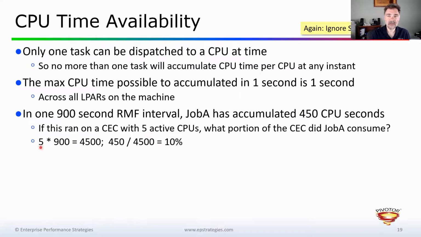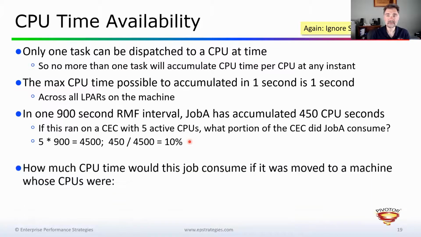Well, if there were 5 CPs on the machine, 5 times 900 means the maximum CPU time that could be consumed across the entire machine during one 900-second interval is 4,500 seconds. So if you take 450 divided by 4,500, that means that job can consume 10% of the capacity of the machine in that 900-second interval, okay?